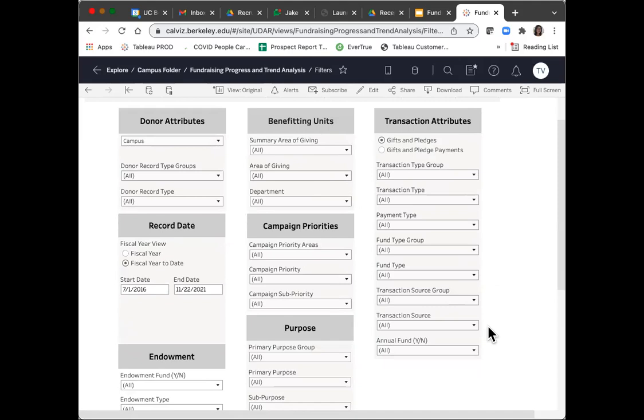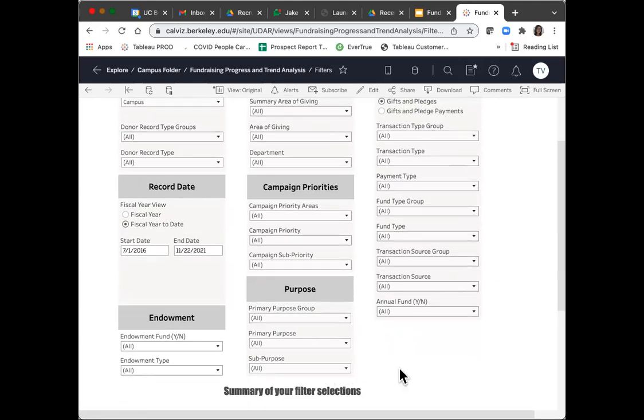Is it coming through online giving? Is it coming through crowdfunding? Or by purpose, where maybe a particular unit is focused on scholarships versus another unit that needs more programming funding, etc. I won't take us through all of this, but this is super powerful.